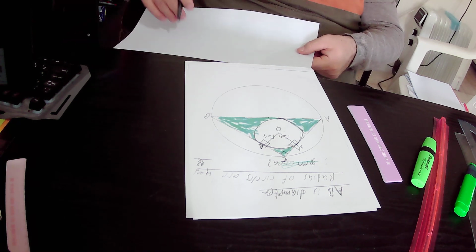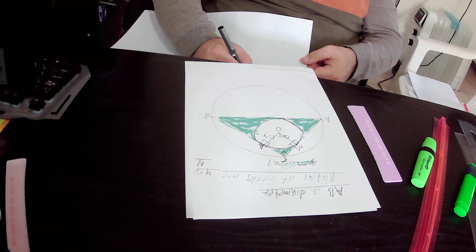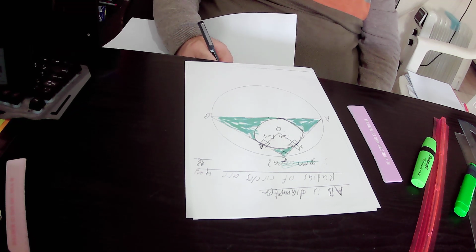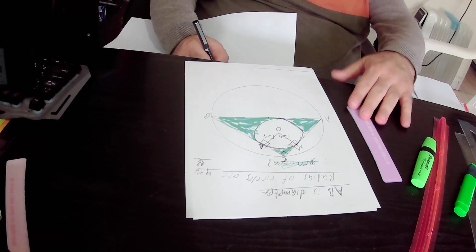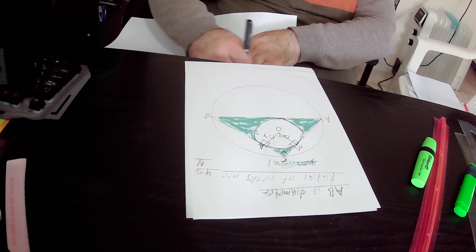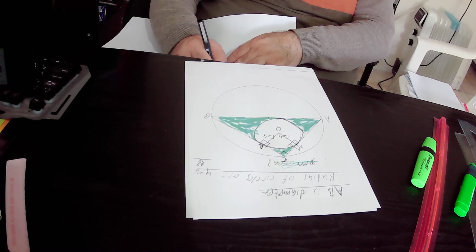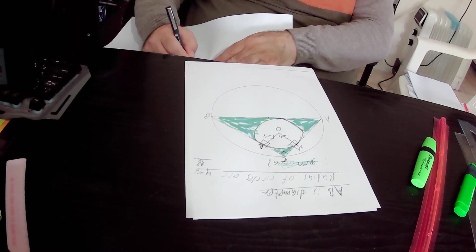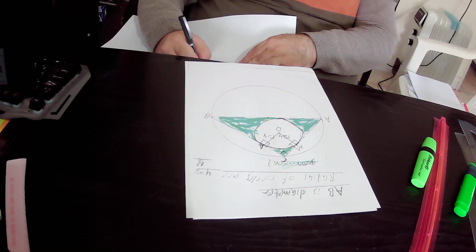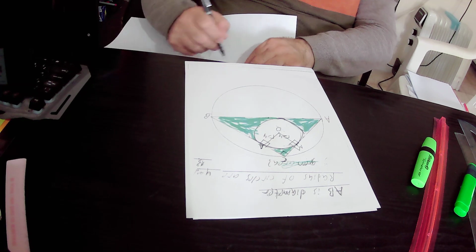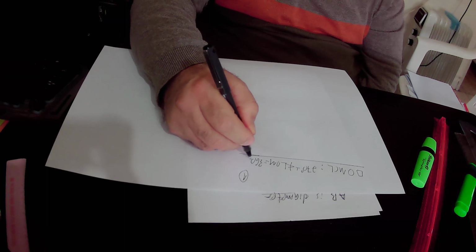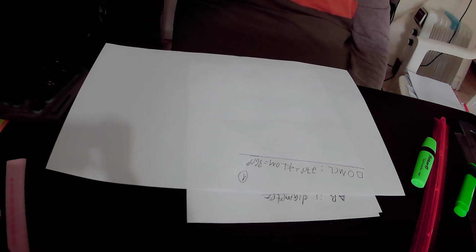In quadrilateral OMCL we have 3 right angles, and the sum of 3 right angles is 90 times 3, which is 270 degrees, plus the size of the fourth angle, that is angle LOM, this angle. In total, the sum of those 4 angles must be equal to 360 degrees, according to the rule that the sum of the angles in any quadrilateral is equal to 360 degrees.